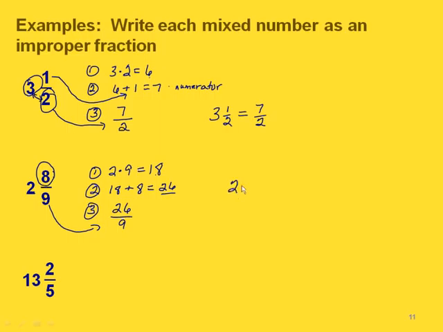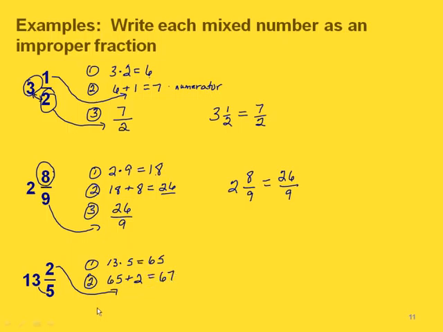So here we end up with 2 8/9 is the same as 26/9. Okay, and finally we have 13 2/5. First step, we multiply the 13 and the 5 and get 65. Second step is we take our 65 that we just got and add the 2 to that to get 67.